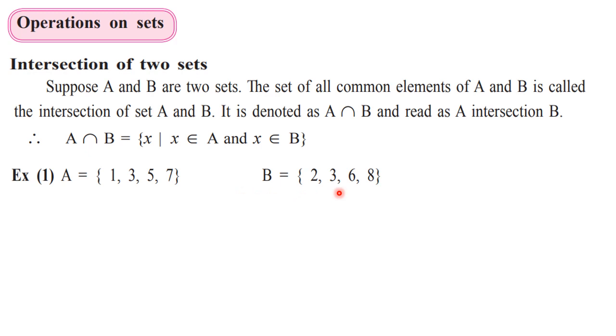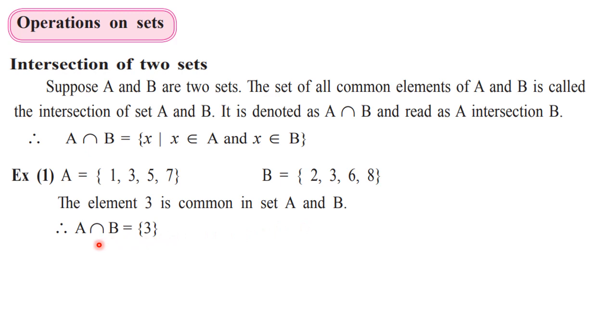See, 1 is present in A but not in B, so you cannot circle it. 3 is present in A and also in B, so circle this. You can see that this is a common element. 5 is present in A but not in B. 7 is present in A but not in B. So here 3 is the only common element in sets A and B, and therefore A intersection B is equal to {3}.